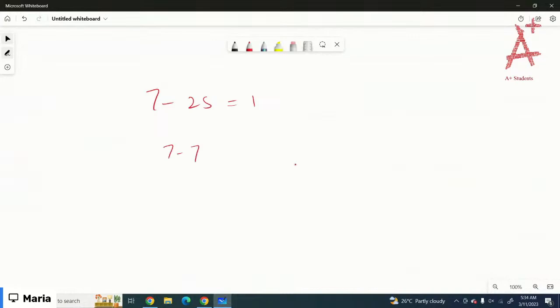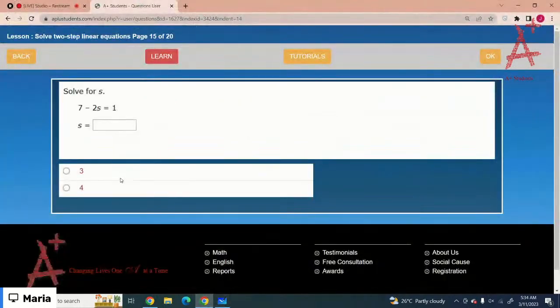So here you have 7 minus 2s equals 1 minus 7. 7 minus 7 is 0. So you are left with negative 2s, and 1 minus 7 is negative 6. Divide both sides by negative 2. So negative 2 cancels out. s equals 6 divided by 2, which is 3. So the correct option is s equals 3. Got it?